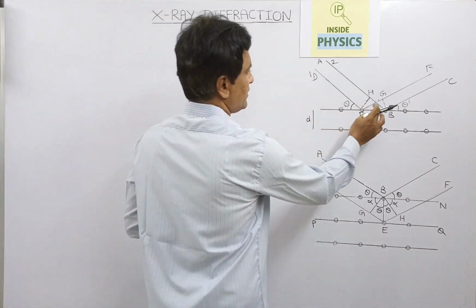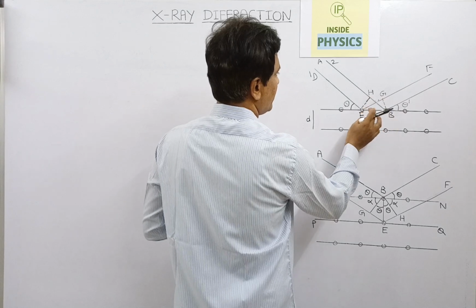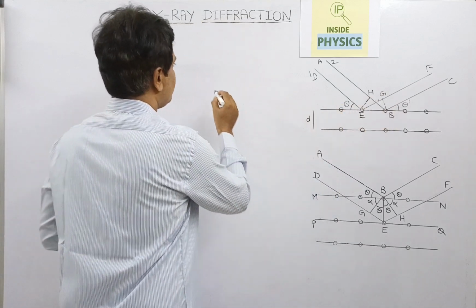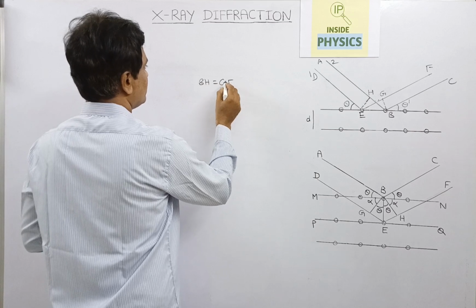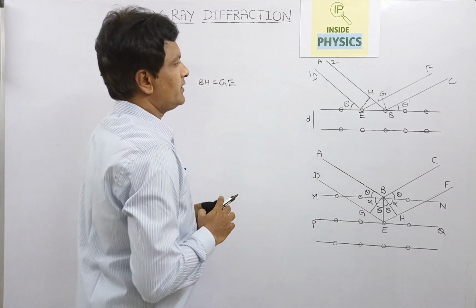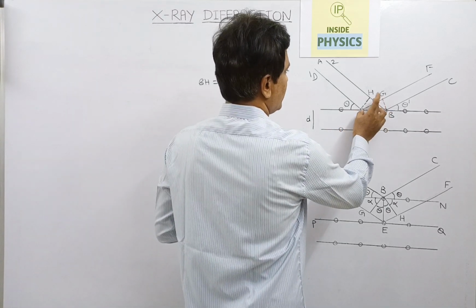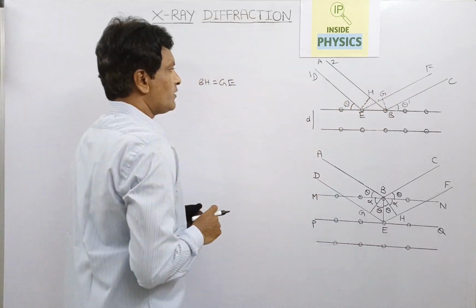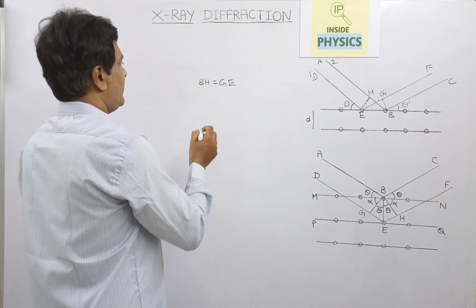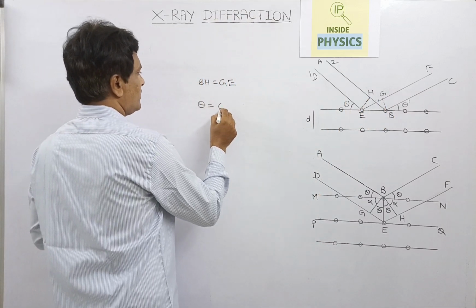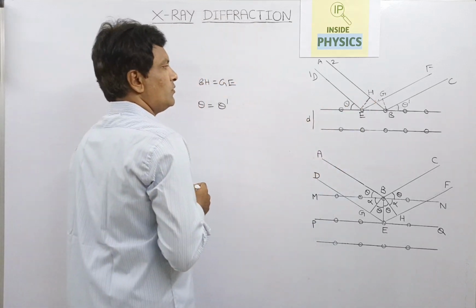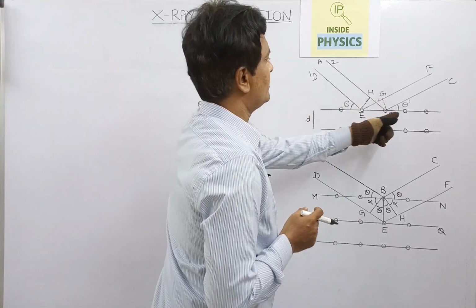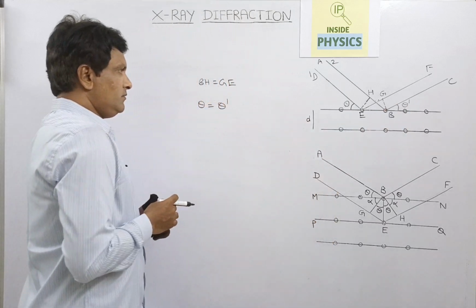So BH must be equal to GE. When this path difference is equal, then we can say that the angle of incidence theta is equal to theta dash, because of the reflection rules.